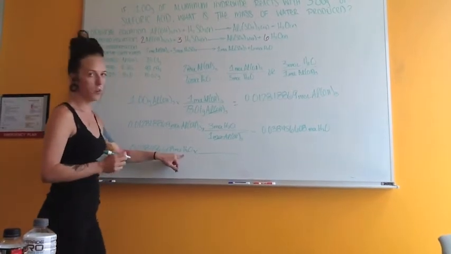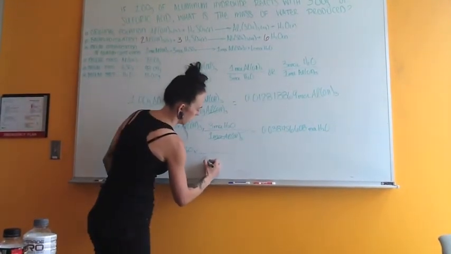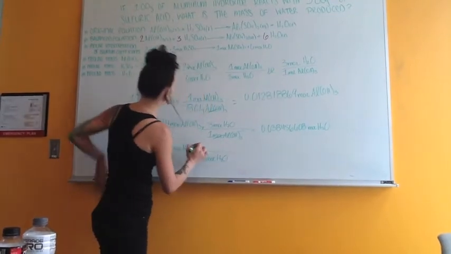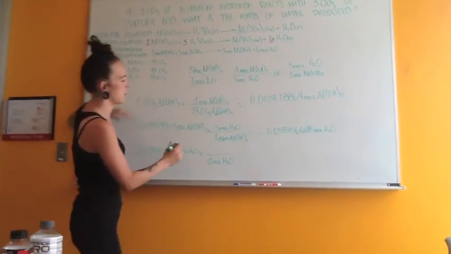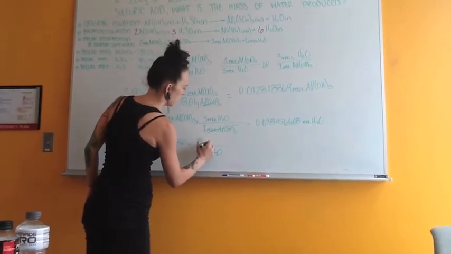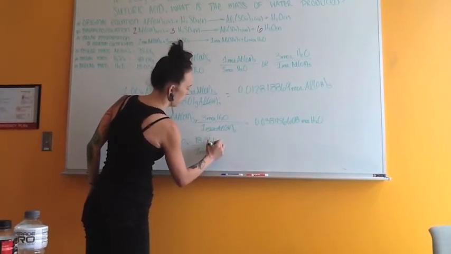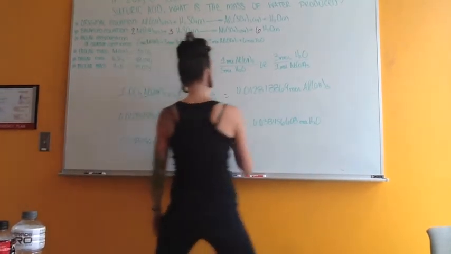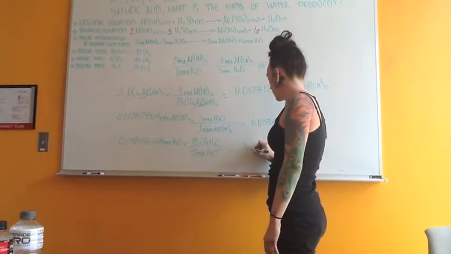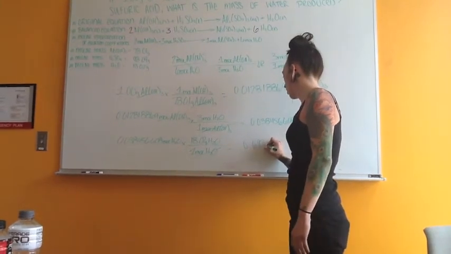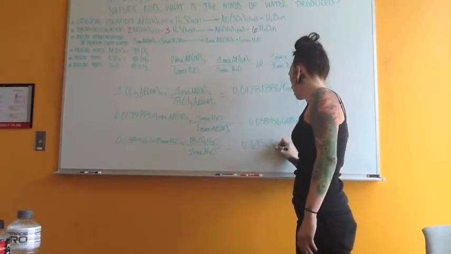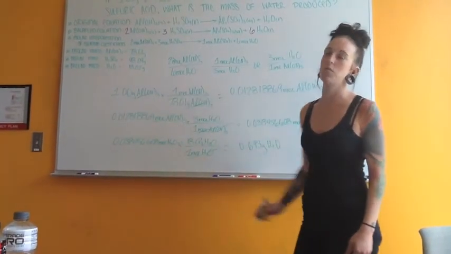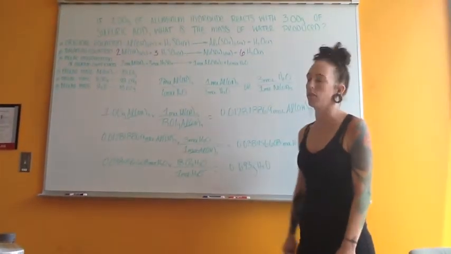We're canceling out moles, so we'll put our 1 mole on the bottom with our molecular mass of water being 18.02 grams. Cancel, cancel, multiply across, ultimately giving us 0.693 grams of water that was produced when our 1 gram of aluminum hydroxide was reacted with the sulfuric acid.